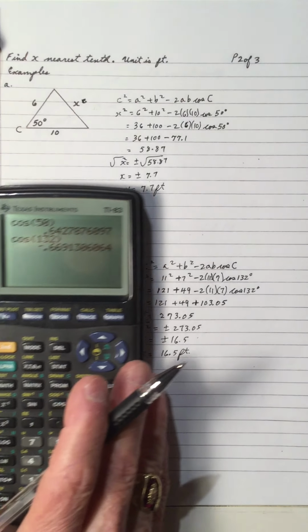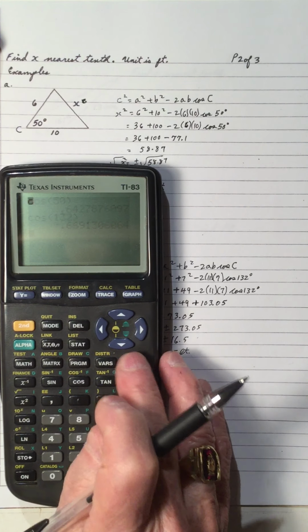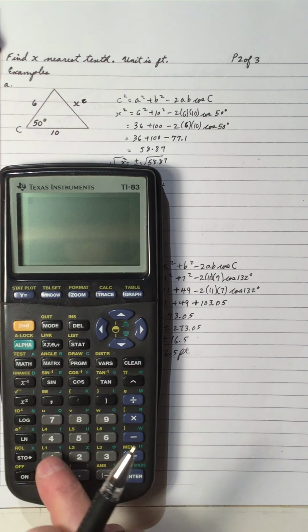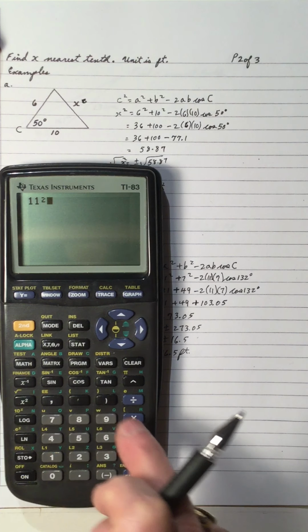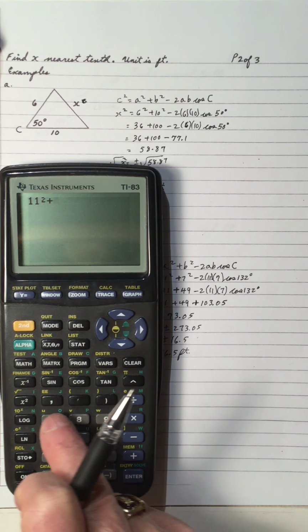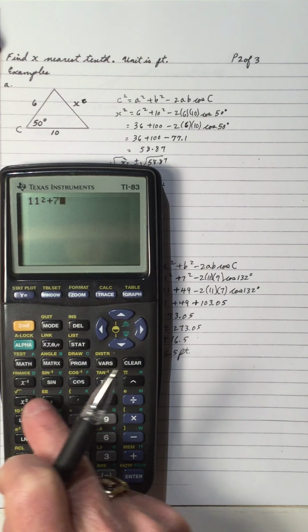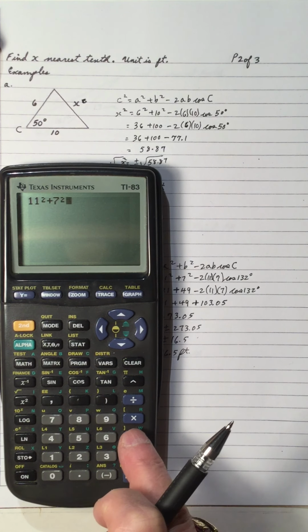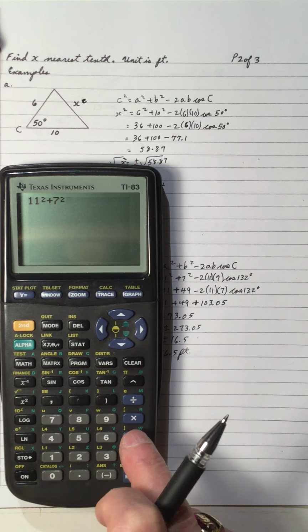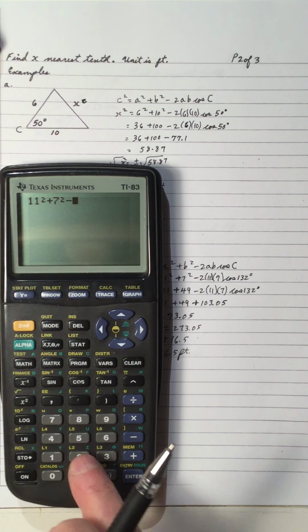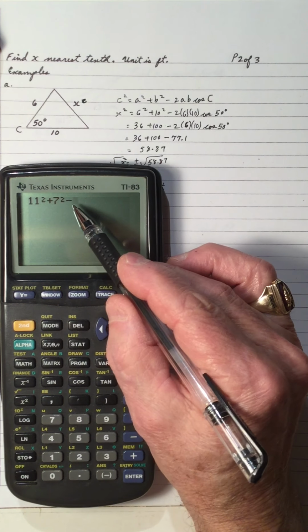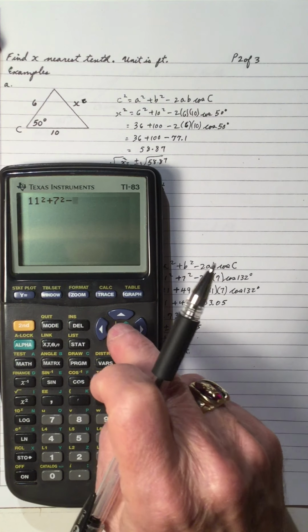Okay, so if you want, your choice, you may take all of these and go 11 squared plus 7 squared. And again, now you can use subtract. Because I have this, I can now use the subtract here.